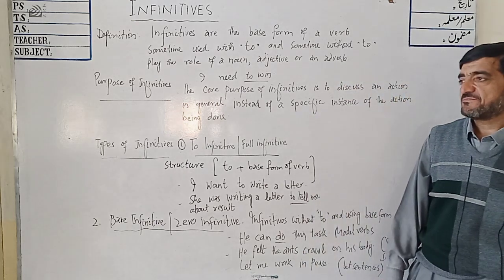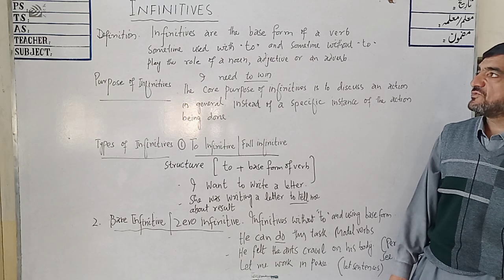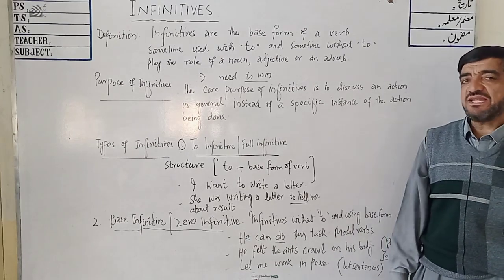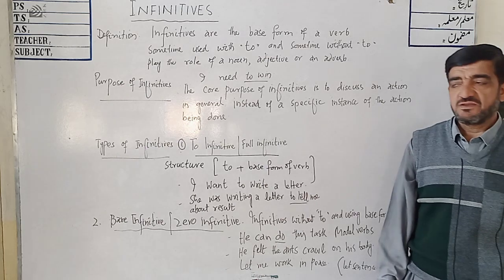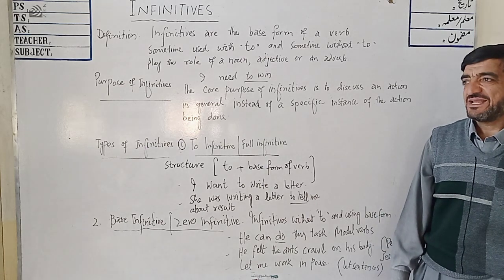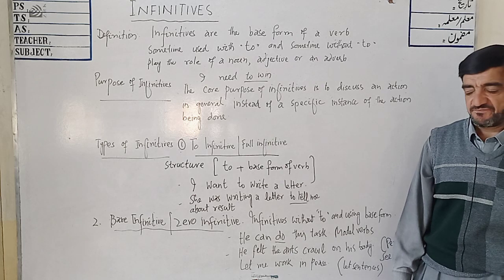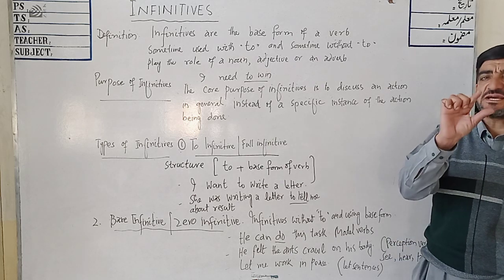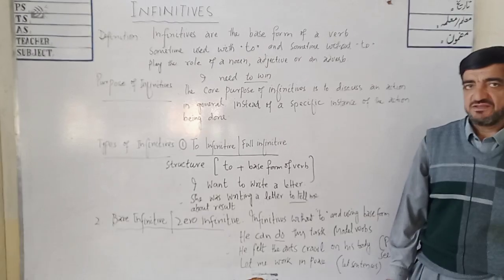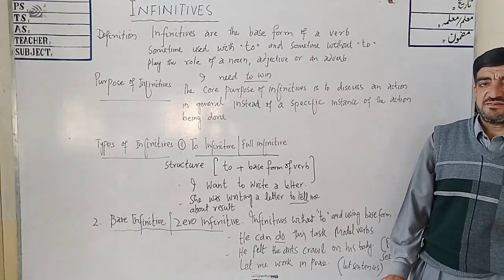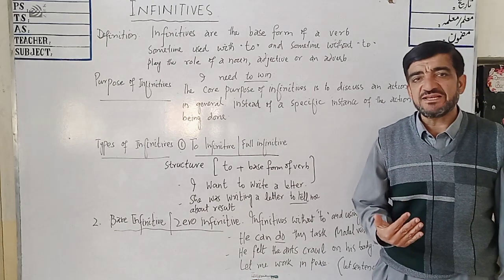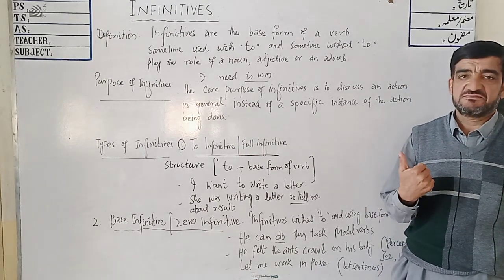So dear students, today we are going to discuss an aspect of English grammar which is known as infinitives. Infinitives are a bit complicated because it is related with conceptual clarity of the learner.